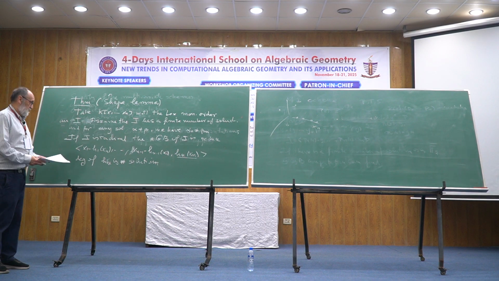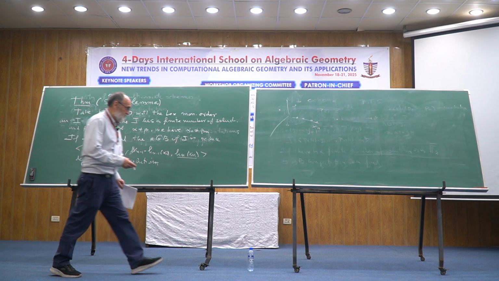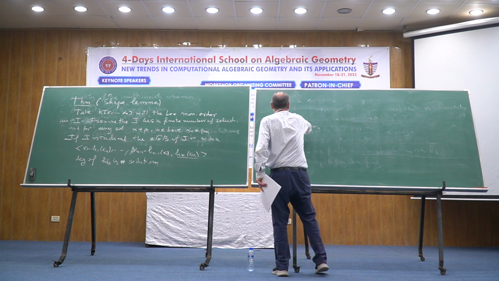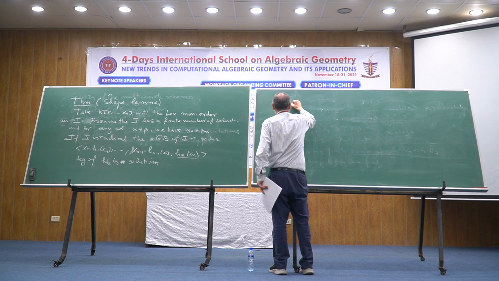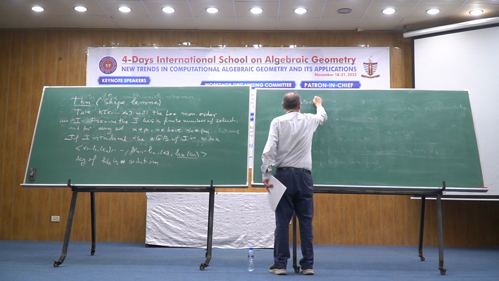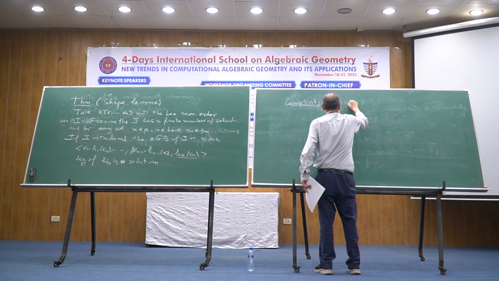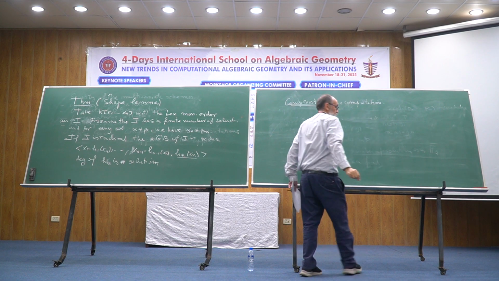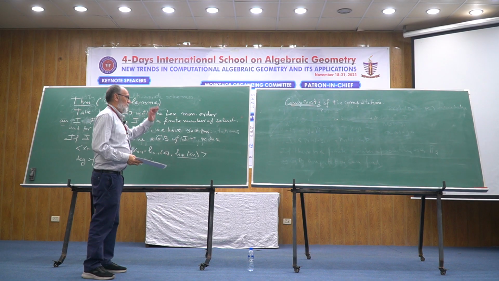So now the question is what is the cost of doing that? This is what we call the complexity of the Grobner basis computation.